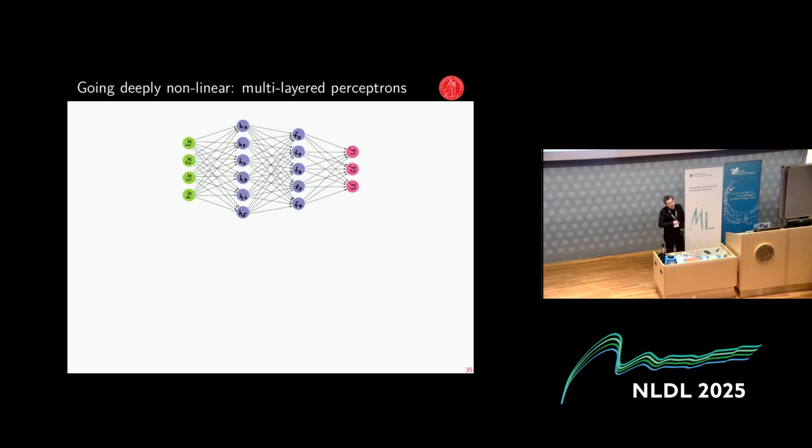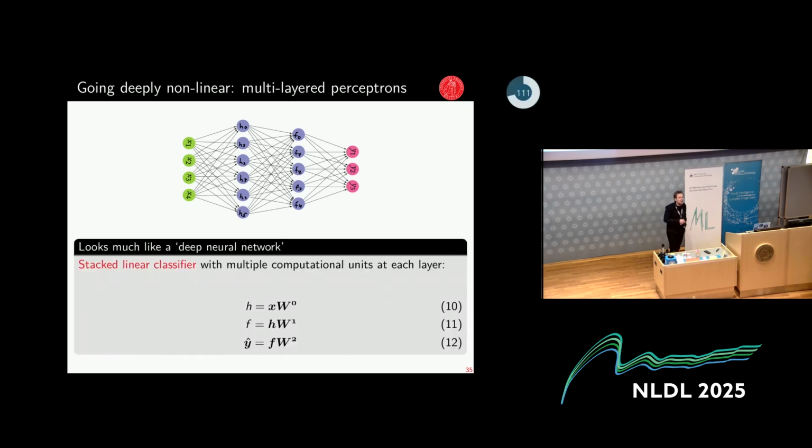Right, but of course, in practice, our artificial neural networks are usually much deeper and much wider. So they have many more layers and many more neurons in each layer. Like in this case, where we have an artificial neural network with 6 computational units in the first hidden layer, 5 computational units at the second hidden layer, and 3 computational units at the output layer, which means that it predicts 3 classes, so to say.